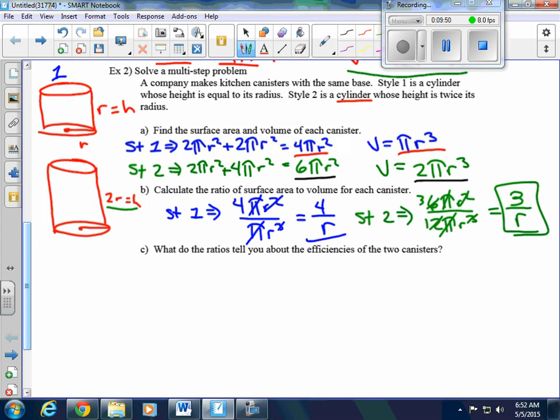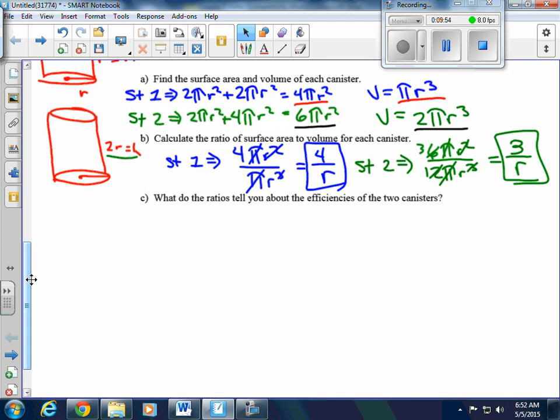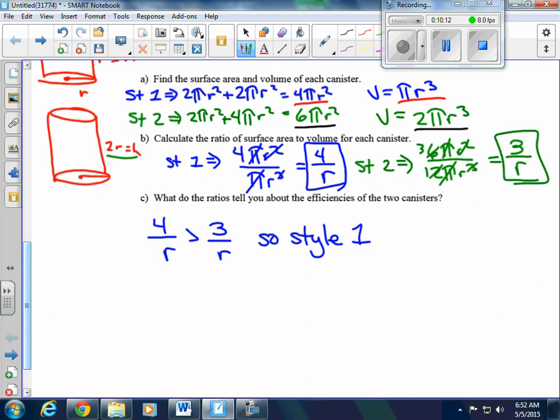So here are the 2 ratios. Then part C says, what do the ratios tell you about the efficiency of the 2 canisters? Well, we know that 4 over r is greater than 3 over r, so style 1 is less efficient.